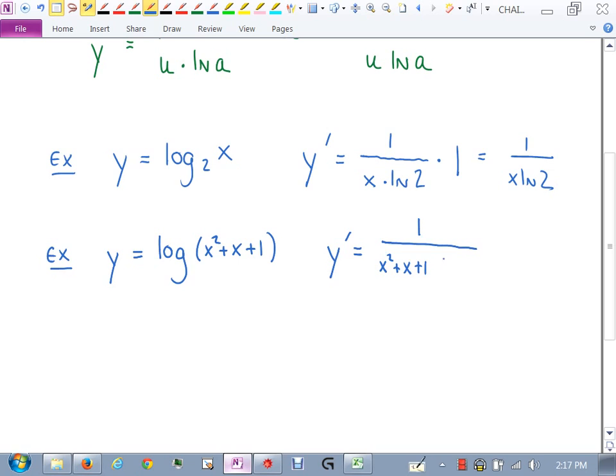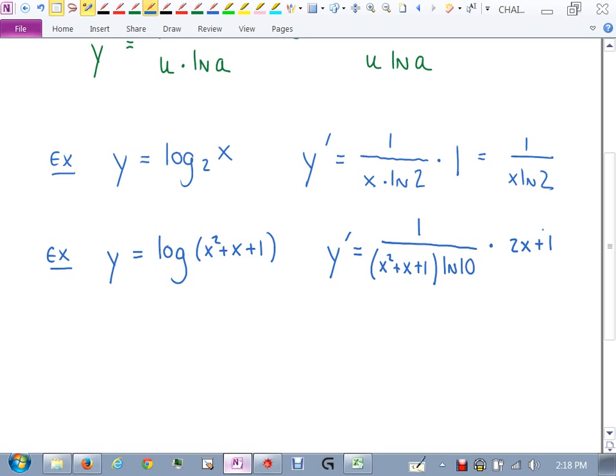You have to understand that. If I put natural log of 10 here, since that's a number, I must put parentheses around that x squared plus x plus 1, because that natural log of 10 would have to distribute through to each of those. So it would have to be in parentheses. Am I done? No. Times the derivative of what was inside the log, which is 2x plus 1.